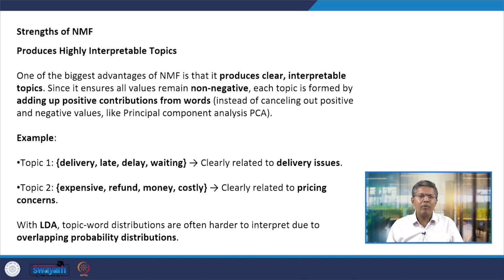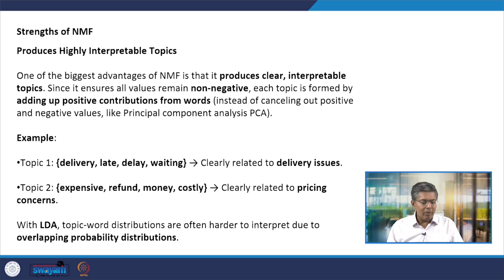Each topic is formed by adding up the positive contributions from the words instead of cancelling out positive and negative values, like the principal component analysis we have studied earlier in our marketing research. So, let us see. Topic 1 talks about, in our case, delivery, late, delay, waiting, clearly related to delivery issues.